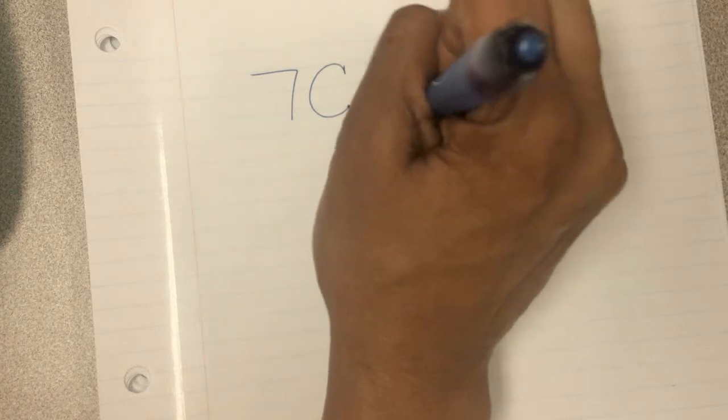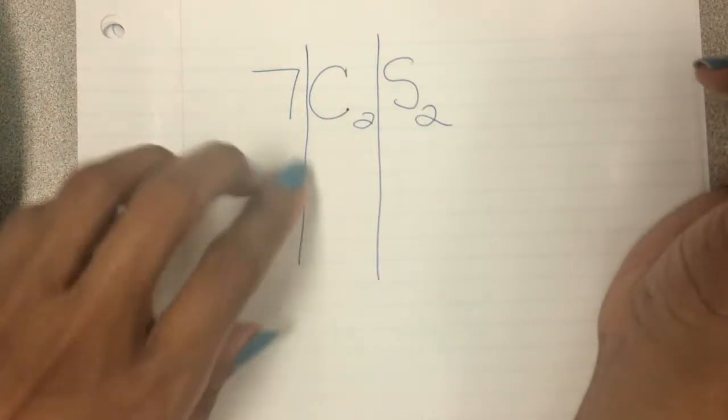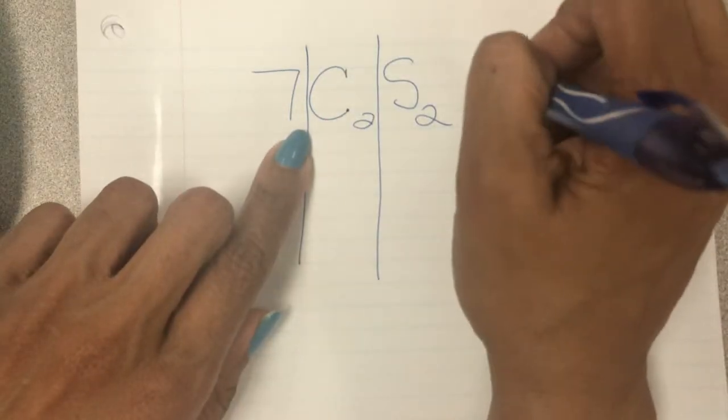Okay, let's do another one. First thing, I'm going to draw lines in front of my capital letters. So the elements I have are carbon and sulfur.